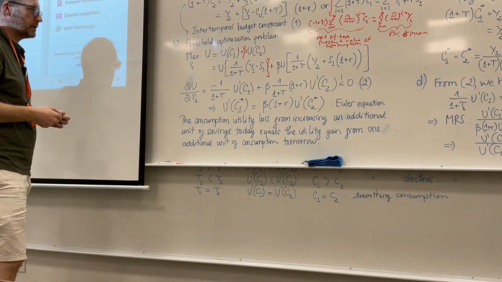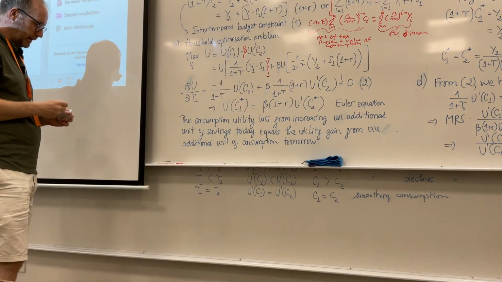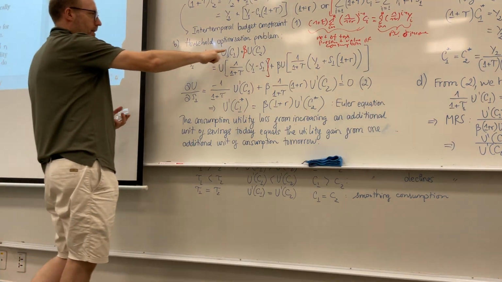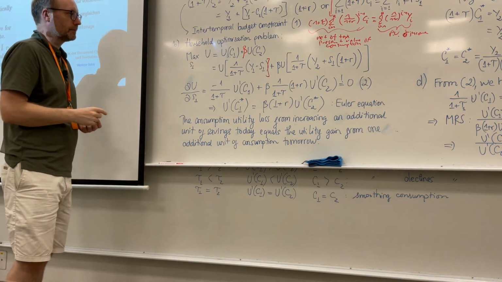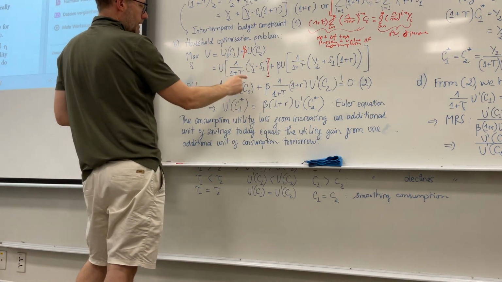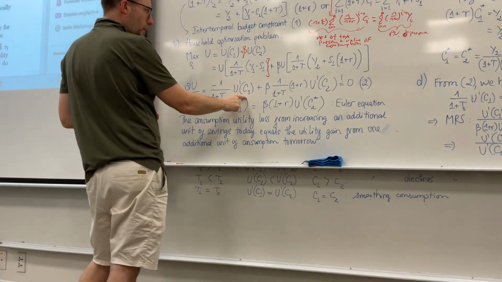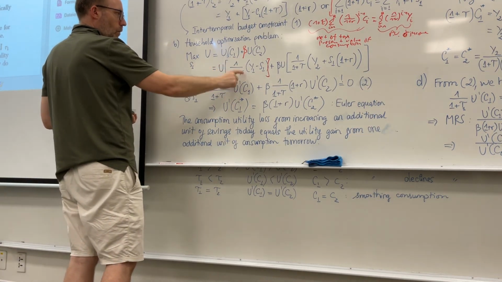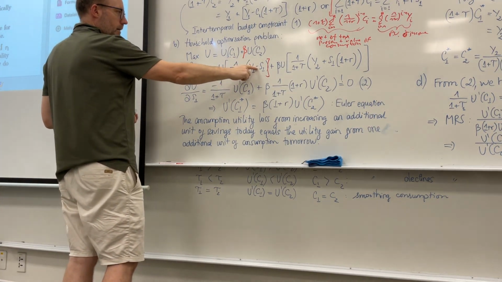Now all we have to do is determine savings. So take the derivative of our lifetime discounted utility with respect to S1. We have the outer derivative, that's the derivative of the period utility function with respect to C1, times the inner derivative, and that's 1 over (1 plus tau), times minus 1.